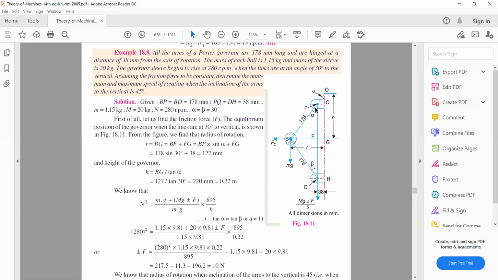It is BP sin alpha, plus FG. The BP value is already known, that is the arm length, so it is 178 into sin 30 degrees plus 38. When we calculate 178 sin 30 plus 38, we get the value 127 mm.